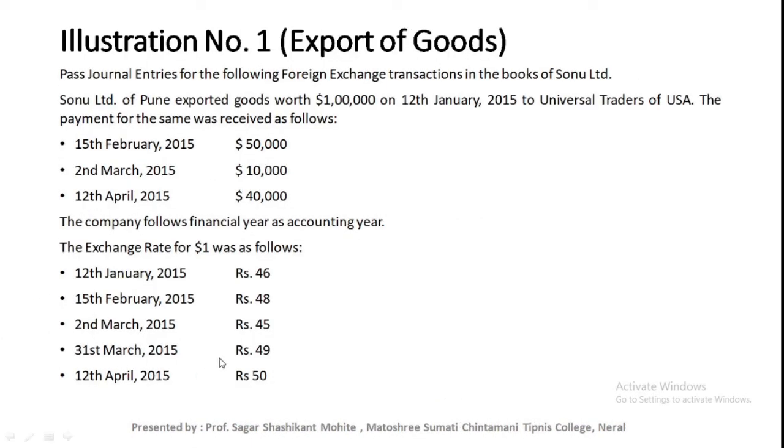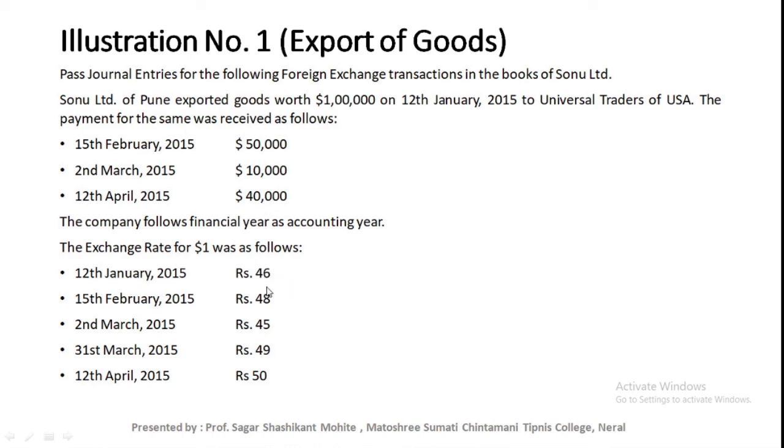For the year end, the rate of exchange is rupees 49 per US dollar, and the base rate was rupees 46 per US dollar. That means for the remaining outstanding dollars we are going to receive more amount. That is profit to the company, a profit of rupees 3 per US dollar.